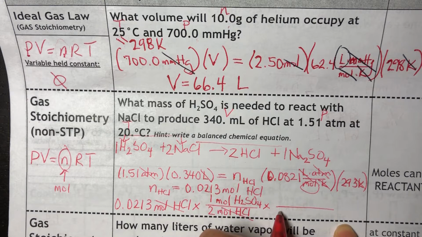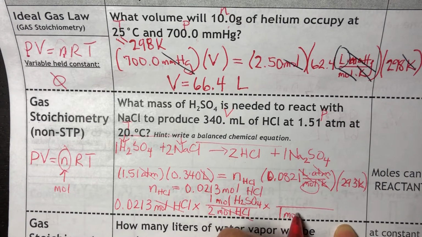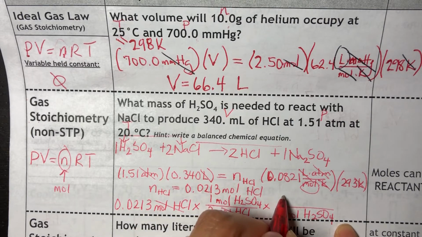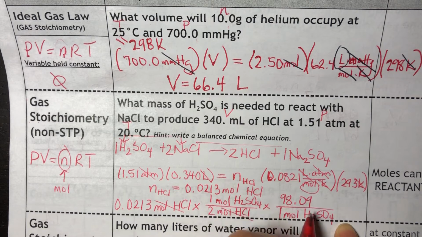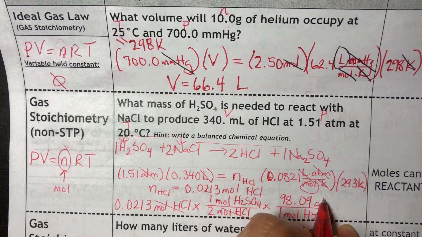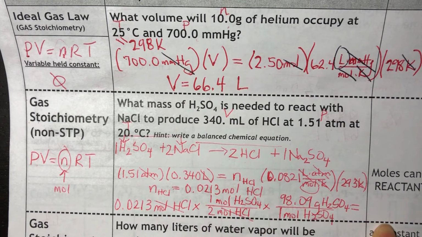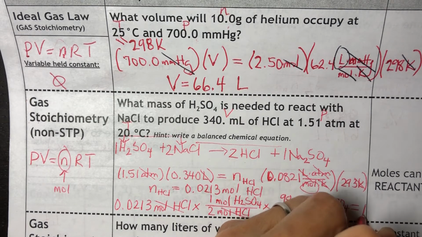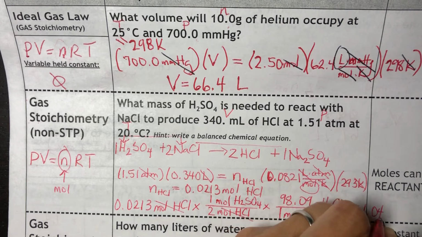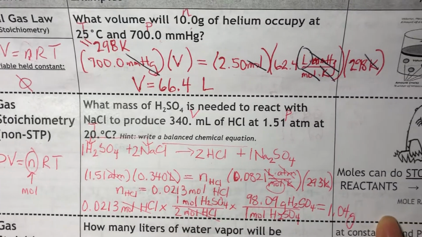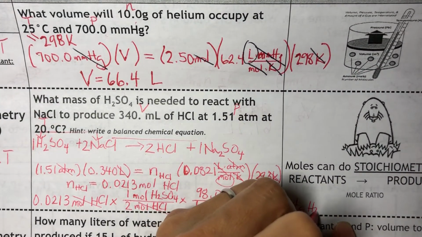But you really want grams. So 1 mole of sulfuric acid has a molar mass, and we're going to look on the periodic table for this value, 98.09 grams of sulfuric acid. When you do the calculations and finish this problem up, you get 1.04 grams of sulfuric acid.